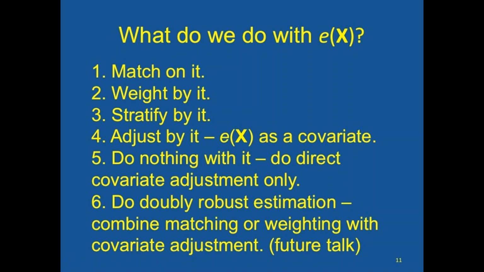It's possible that the data set's just not rich enough to really do anything useful with a propensity score, that maybe the best you can do is just do direct covariate adjustment on your top 3 covariates. Just pick the 3 covariates that matter the most, and that's all your sample size can handle. And last, I've added in from previous slides is to do doubly robust estimation, which can be combining matching or weighting with covariate adjustment, which also will make a nice future talk.